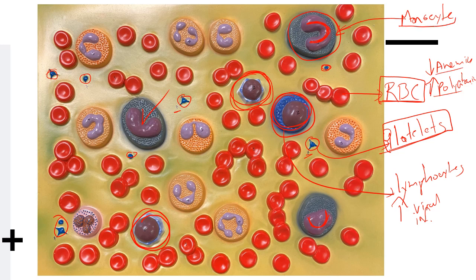Monocytes or macrophages tend to elevate. The number gets high when you have chronic infections like tuberculosis, or just in general chronic infections, or when you have fungal infections. Also monocytes get high in blood.